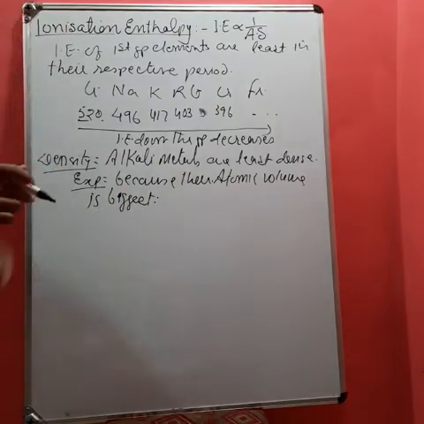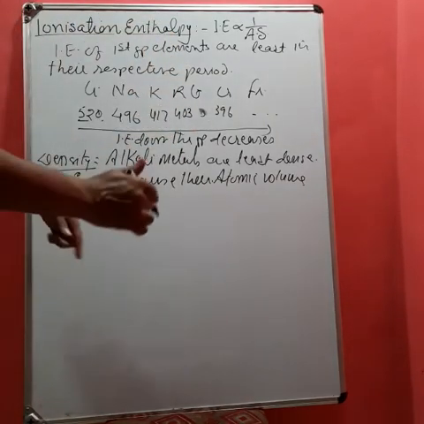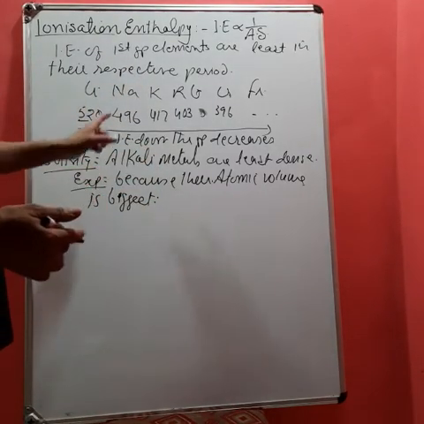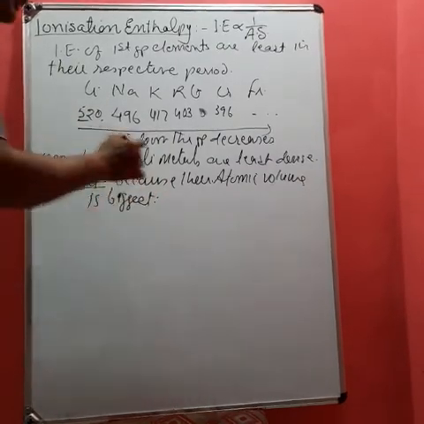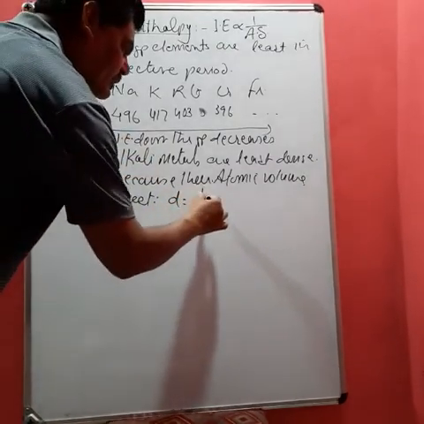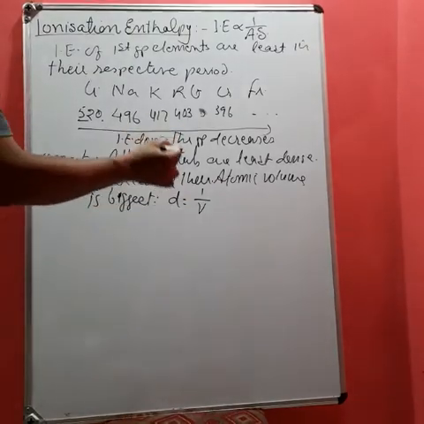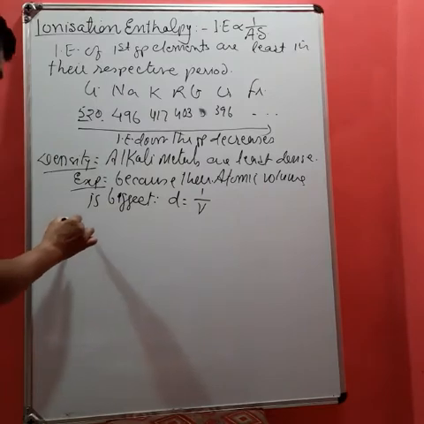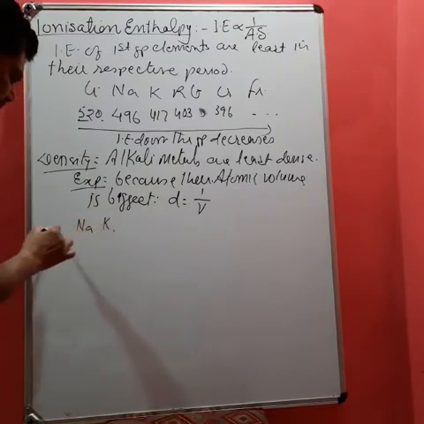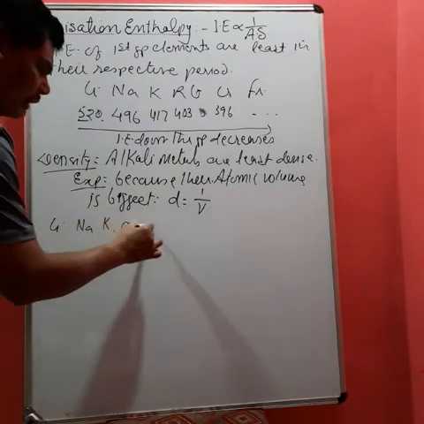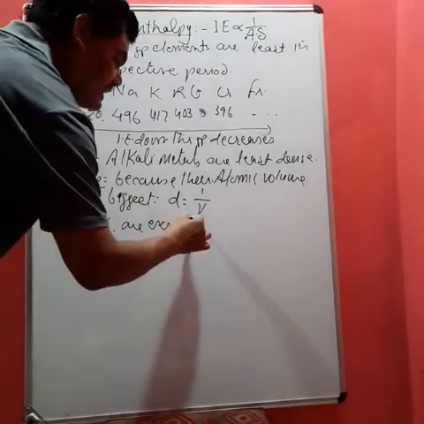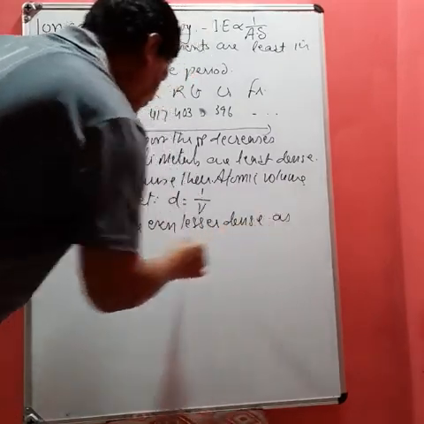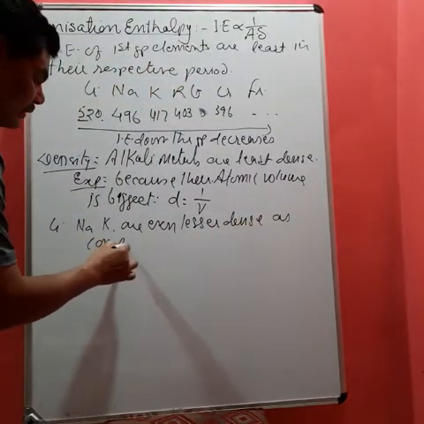So you know that density is what? Mass upon volume. As the volume increases, the density will decrease, because density is inversely proportional to volume. Student, sodium, potassium, lithium are even lesser dense as compared to water.